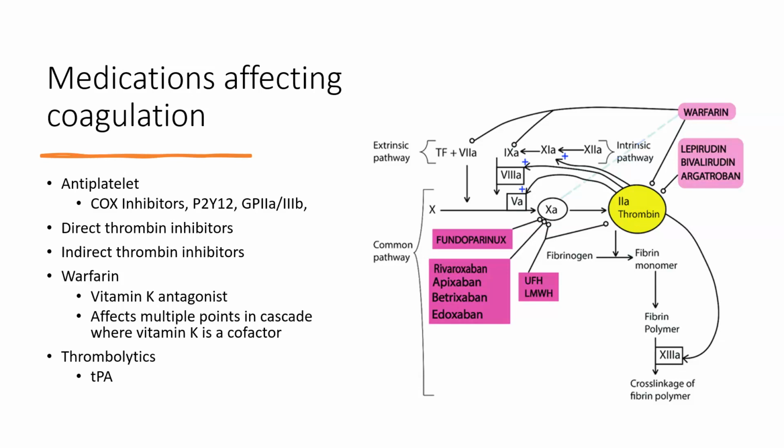Warfarin or Coumadin is a little bit of a different medication in that its primary action is against vitamin K. Vitamin K is required as a cofactor at multiple points in the cascade to activate the next factor in line. So when warfarin or Coumadin is working against vitamin K, you're not going to have that activation of the next factor.